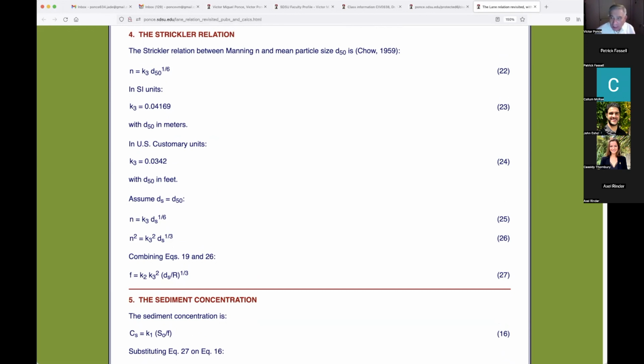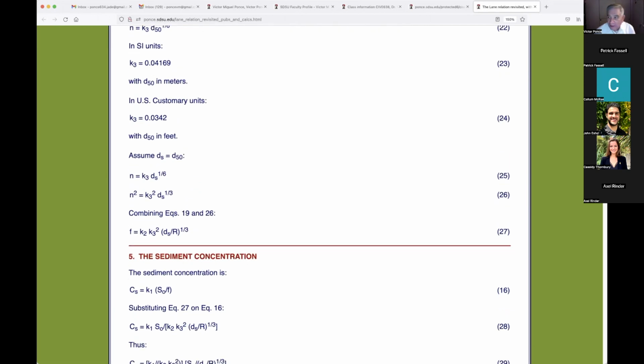Some people who work in both areas refer to it as Manning-Strickler or Strickler-Manning. So if you hear Strickler-Manning in your practice, it is just the Manning formula that has been reversed, or the reciprocal. It's the same concept.